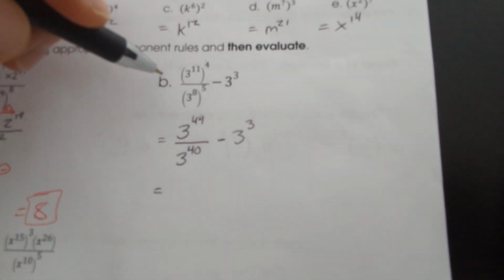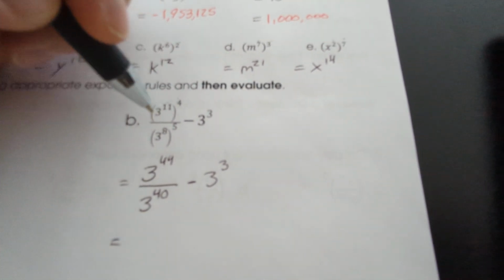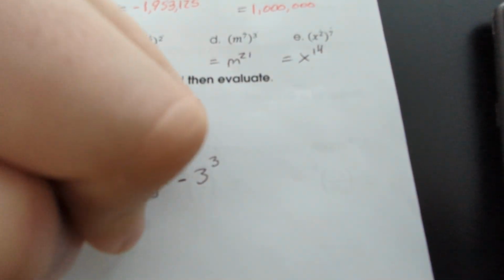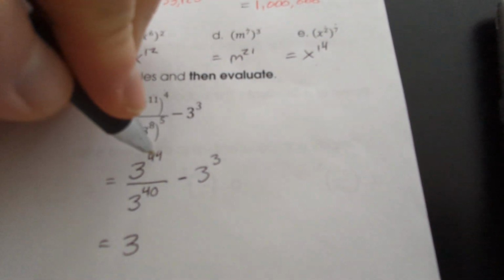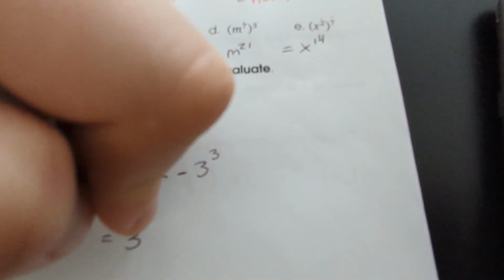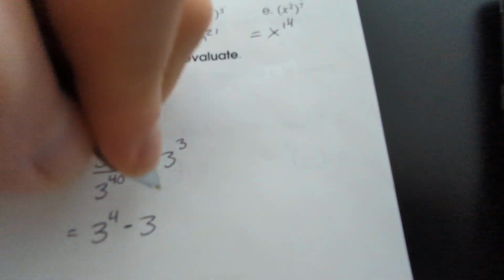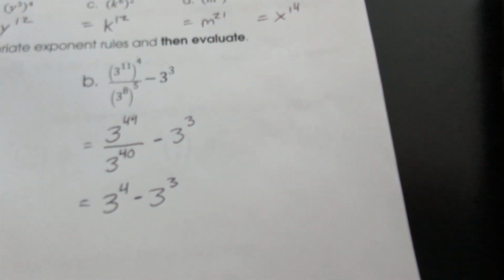So next step, we're dividing powers here, which means we subtract exponents. So base stays the same, it stays 3. 44 minus 40 is 4. And then we're subtracting 3 to the exponent of 3. Okay.